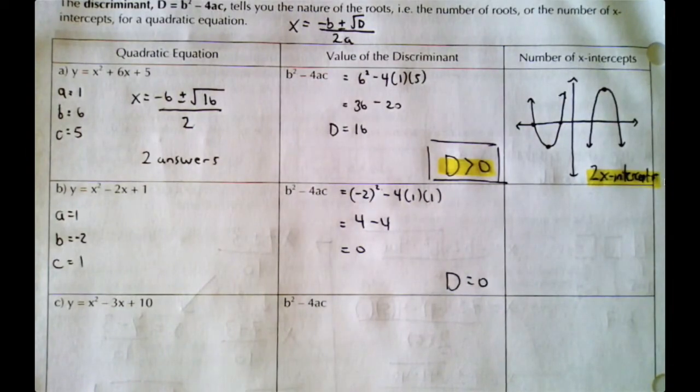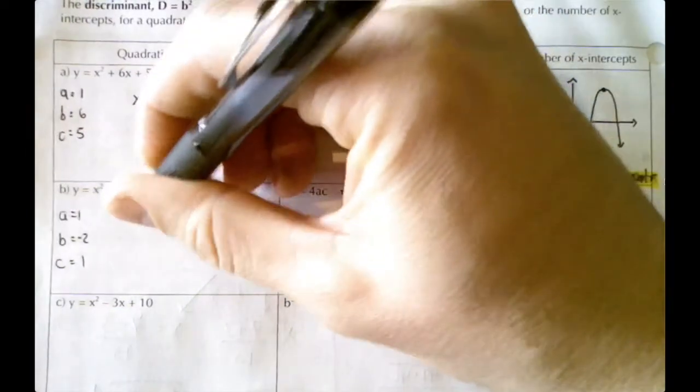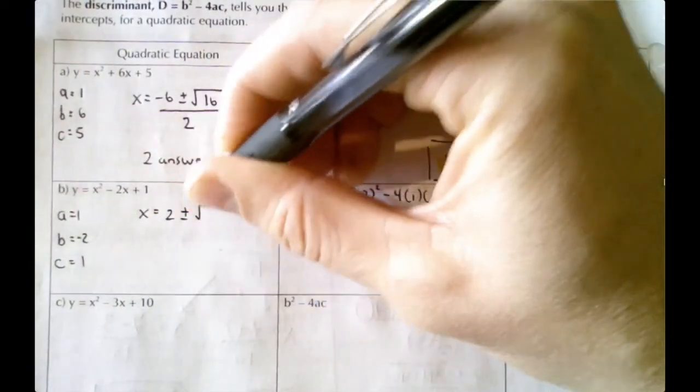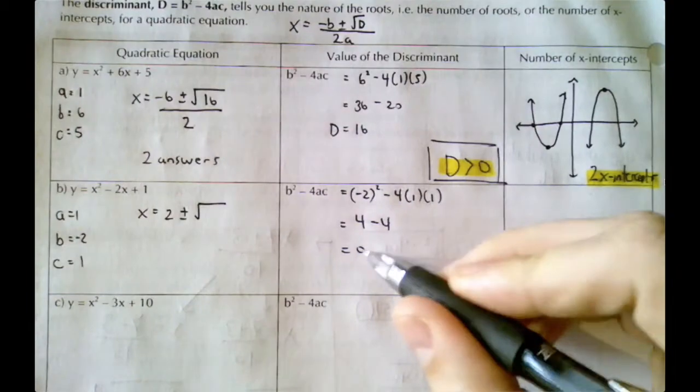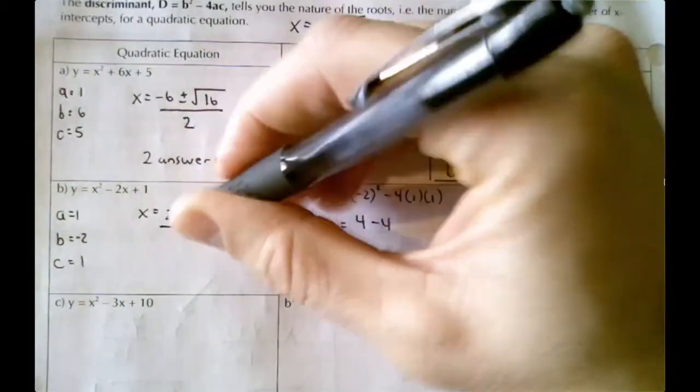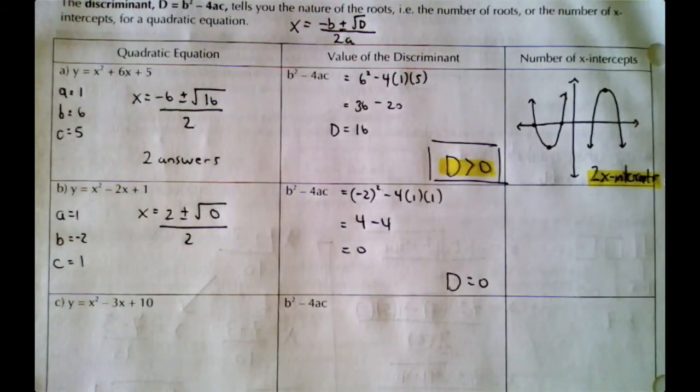Let's check back with our quadratic equation. The quadratic equation is negative b, so 2, plus or minus the square root of the discriminant, which we got as 0, divided by 2a, which is 2. So look what happens here.